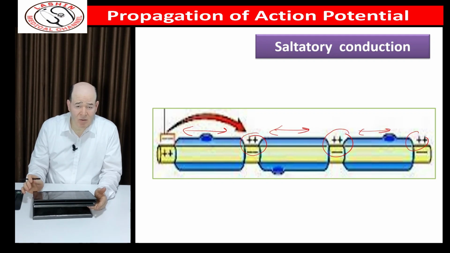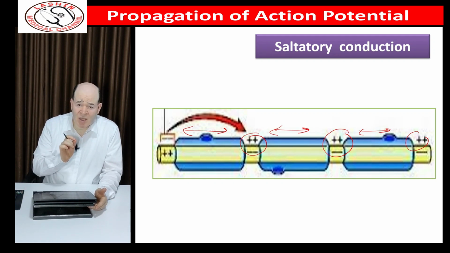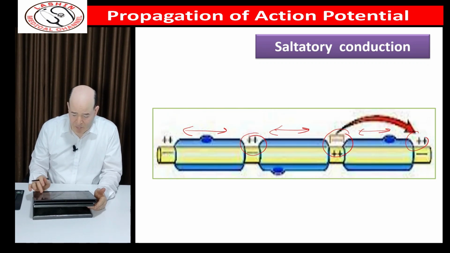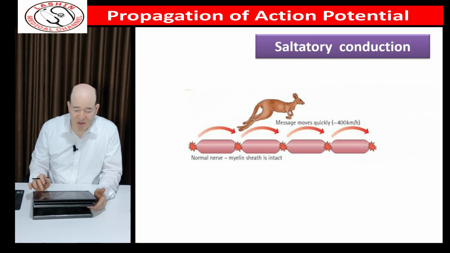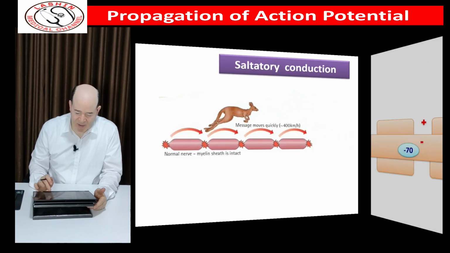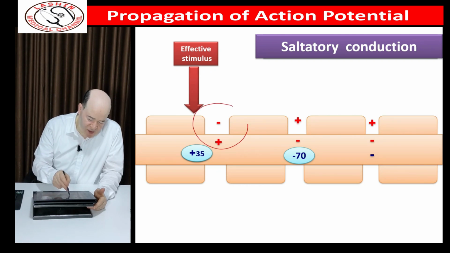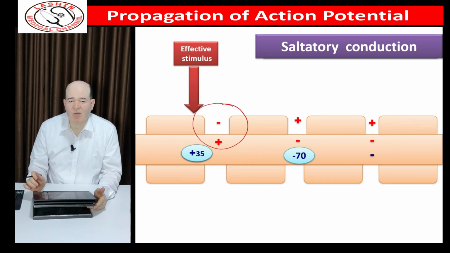However, in saltatory conduction we have to depolarize only the nodes of Ranvier, so it consumes less energy and it is very rapid, and the velocity may reach up to 120 meters per second. Whenever we stimulate by effective stimulus, the process of depolarization occurs in the first node of Ranvier.